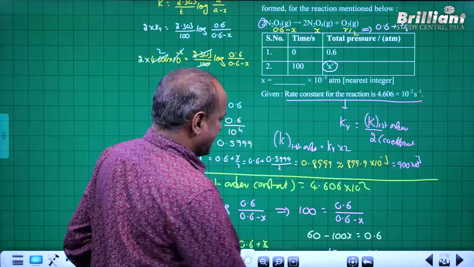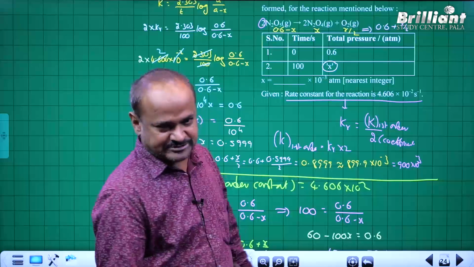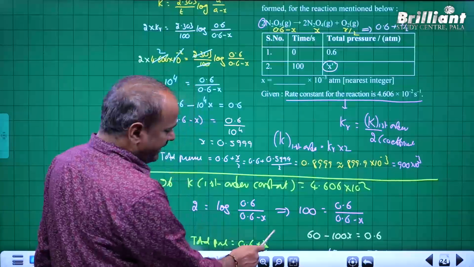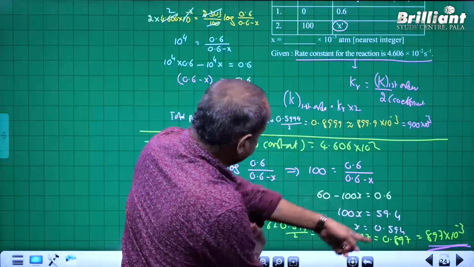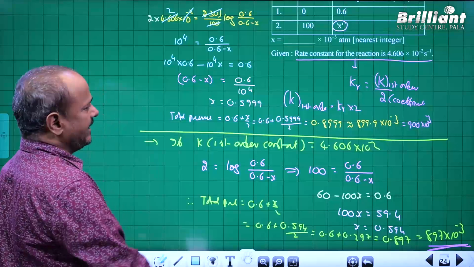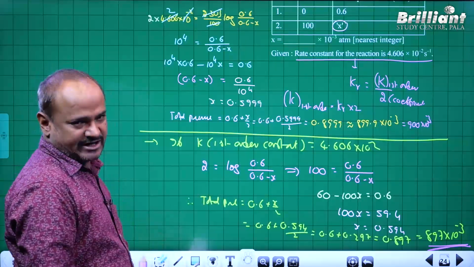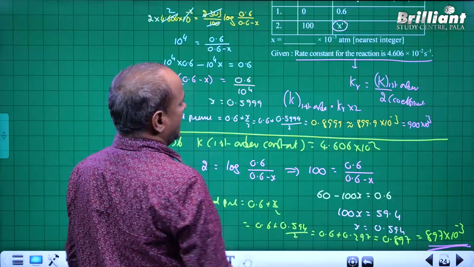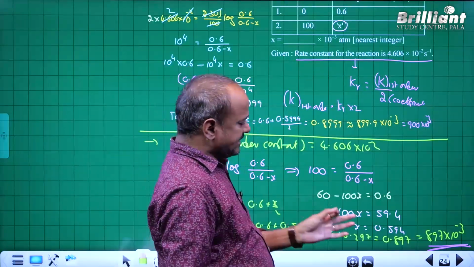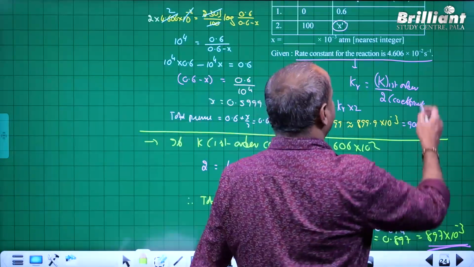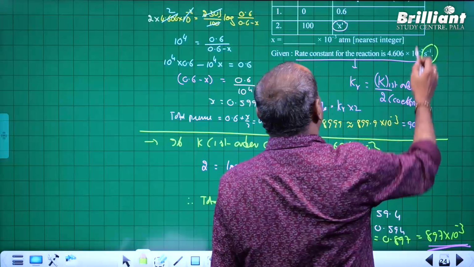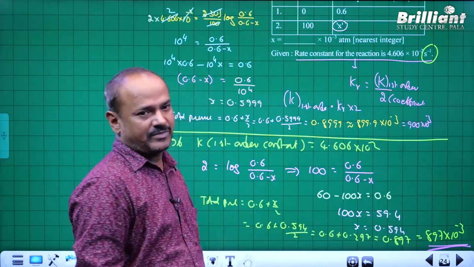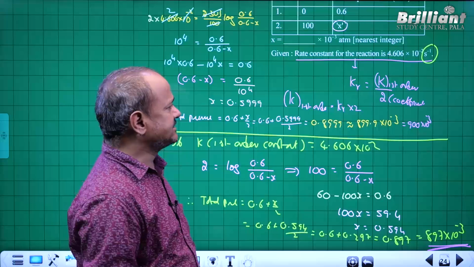So actually, is answer 900 correct or 897 correct? A small difference. But they have given 897 as the answer, I think. It means they took this value directly as the first order rate constant. Why this is taken as correct: the units are the important thing. The rate constant unit is given as per second.